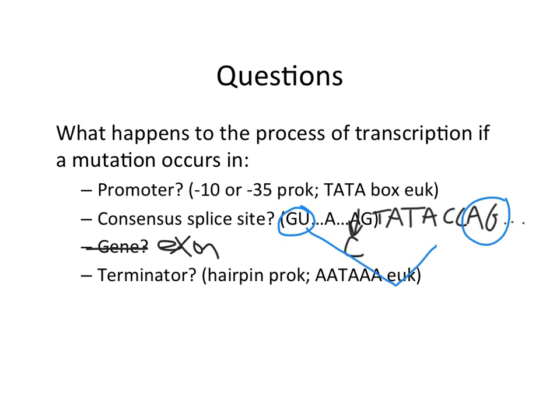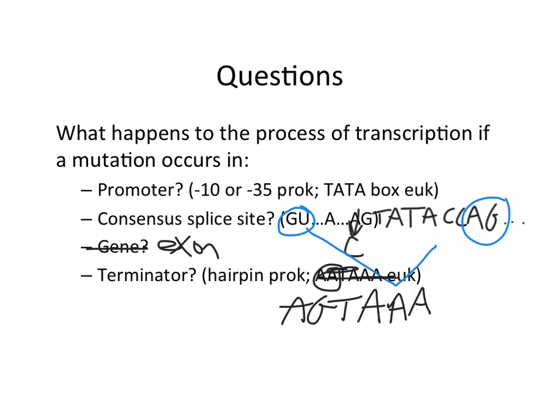What happens if the AATAAA gets mutated? You know the answer. You just have to say it. If that's responsible for termination, then if you don't have it, let's say it's AGTAAA, how does that affect transcription? Yeah, RNA polymerase didn't see the polyadenylation sequence yet, just keeps on transcribing.